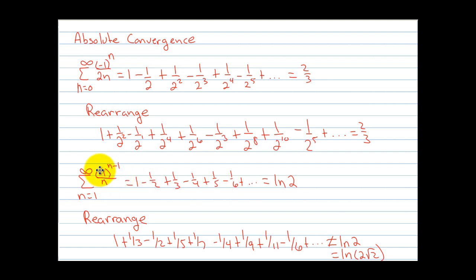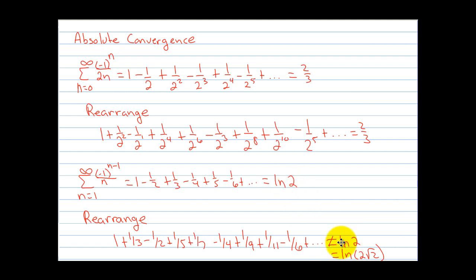In some series, for example this one, an alternating series of (-1)^(n-1) over n, here are the terms listed in order as n goes from 1 to infinity. And the sum is going to be the natural log of 2. In this particular series, if we rearrange the terms in this particular order, 1 plus 1/3 and then minus 1/2, and then add 2 positives and then add a negative, and then add 2 positives and add a negative, if we repeat in a pattern like this, the sum is not the natural log of 2.